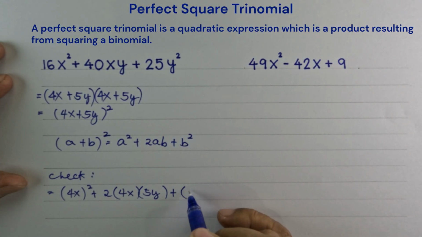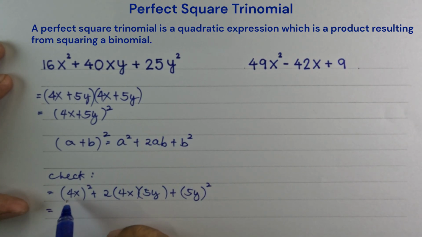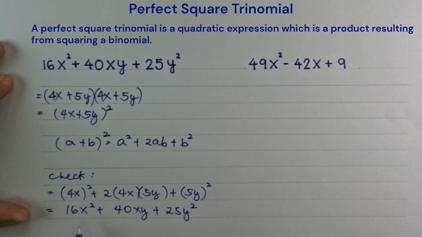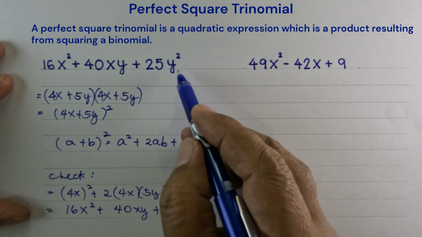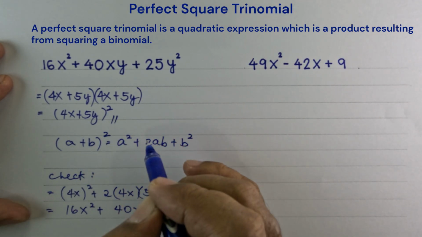So that's 5y quantity squared, and that's 16x squared plus 2 times 4 is 8 times 5 is 40xy plus 25y squared. So it's the same as the given quadratic trinomial. Therefore, this factoring is correct.